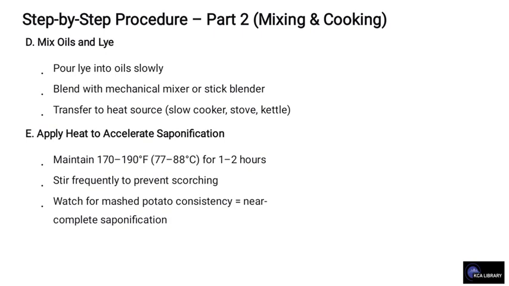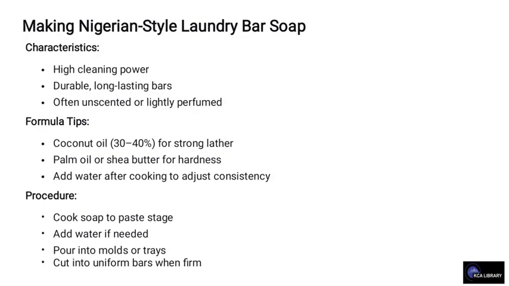Ensure that you maintain 170 to 190 degrees Fahrenheit for about 1 to 2 hours. Then you stir frequently to prevent scorching. Watch for mashed potato consistency. Once this is seen, it is near complete saponification.